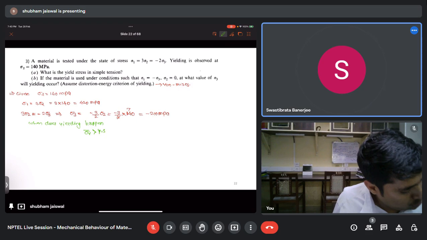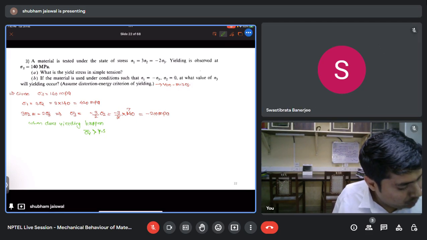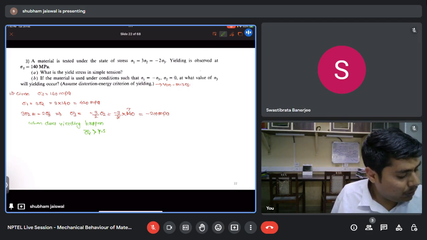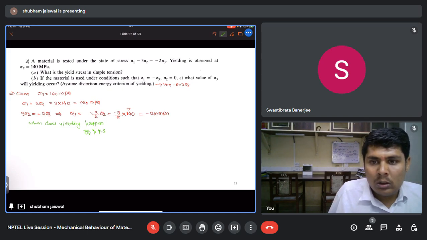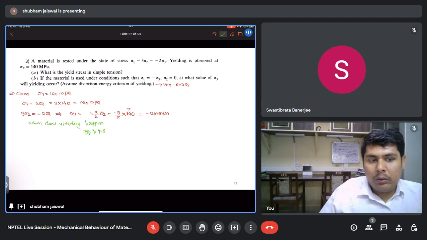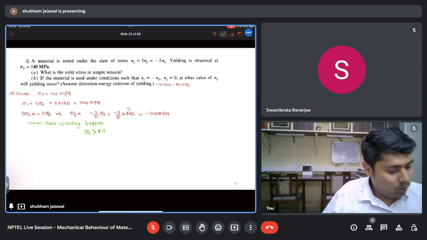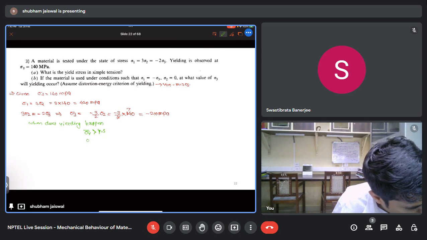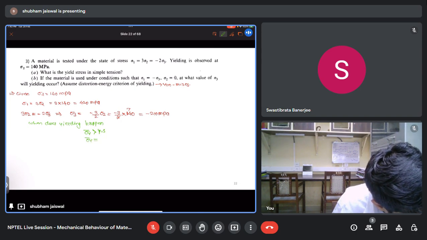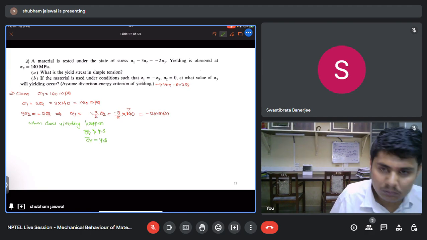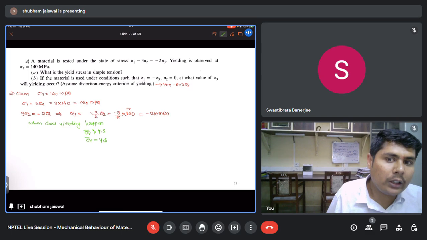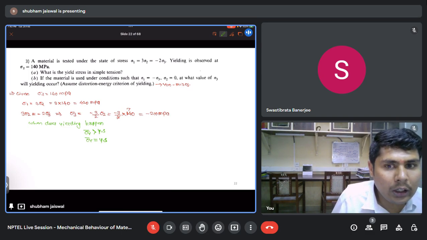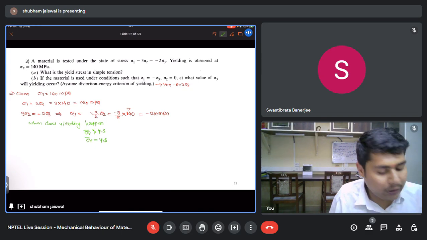So for yielding to happen, sigma bar V should be greater than yield strength. Since they are asking for the yield stress, I will consider sigma bar equal to yield strength. If sigma bar V is greater than yield strength, it will yield, and at sigma bar equal to yield strength, it will not yield. It will be the yield strength of the material.